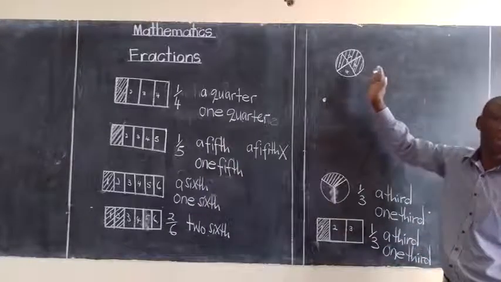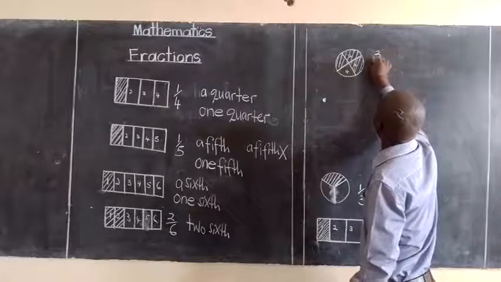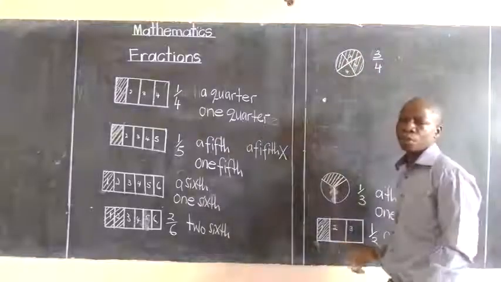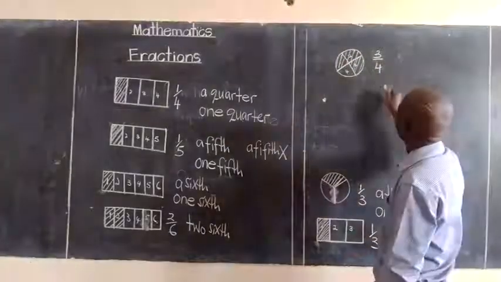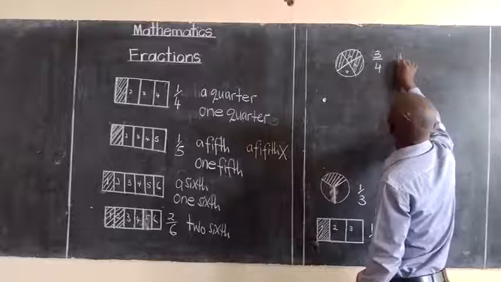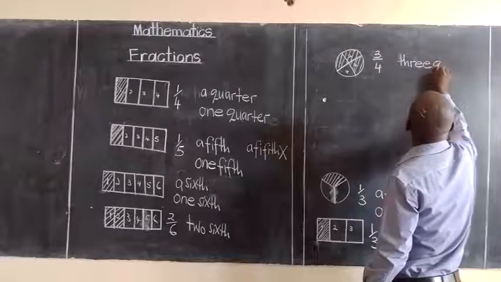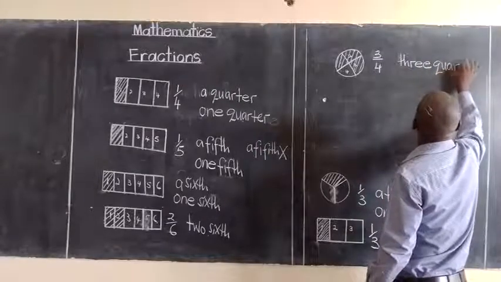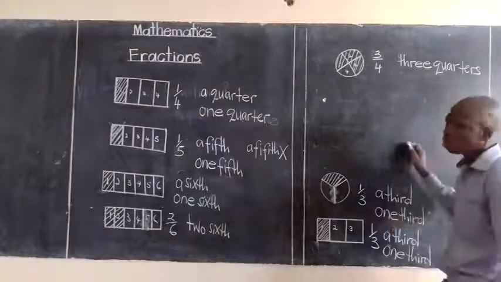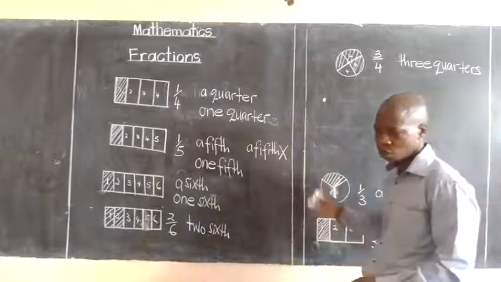We are going to cut off the shaded parts. And now we are having 3 out of 4. We have cut 3 parts out of the 4 parts. So we say this one is 3 out of 4, or we may say 3 quarters, which is read as 3 quarters.